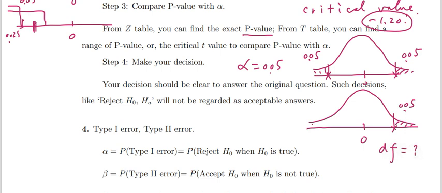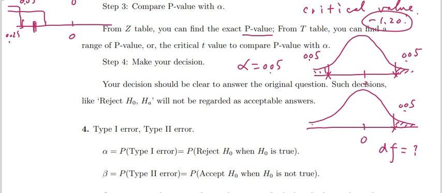We determine the degree of freedom, and then find this critical value. We use this critical value to determine whether the test statistic is big or small. If this z value or t value, this test statistic, is big, then we can say the difference is big, or that their claim mu equals mu 0 is not true, right?